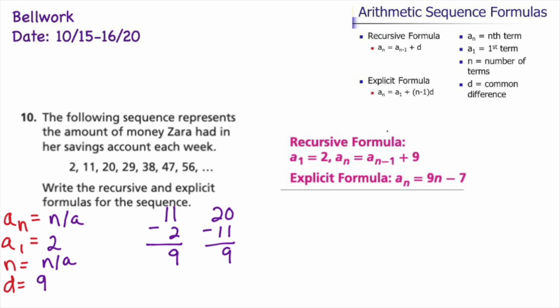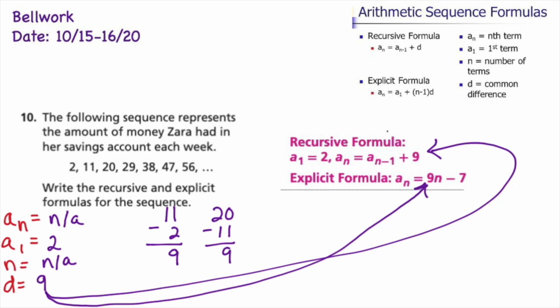The explicit formula, however, is a little bit different because you do have to distribute. If you look here, we have a parentheses that you would have to distribute into, and then combine like terms to get your final answer. So that is simple, but it's just an extra step. So if we actually set that up, I'm going to show you where the 9 went, where the 2 went. So doing the explicit formula, we're going to set it up so that we can distribute that d into the problem.